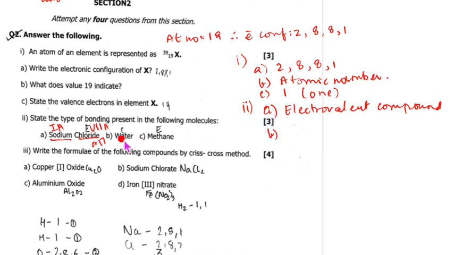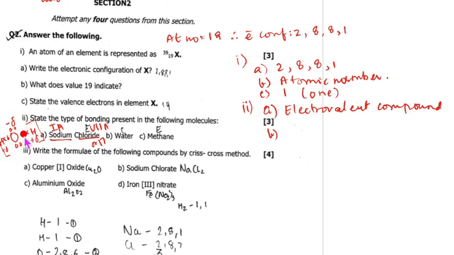Now we come to B, water. Now water is HOH. So if you look at the structure, where shall I draw the structure? Here. So if this is oxygen, this is 1, 2, 3, 4, 5 and 6, and this is H H. So this is your H2O, this is your water. Can you see that? Now this shared pair will be attracted more towards oxygen, and so because oxygen has 8 protons, it will have slightly negative charge, and each one of these hydrogens will have slightly positive charge.